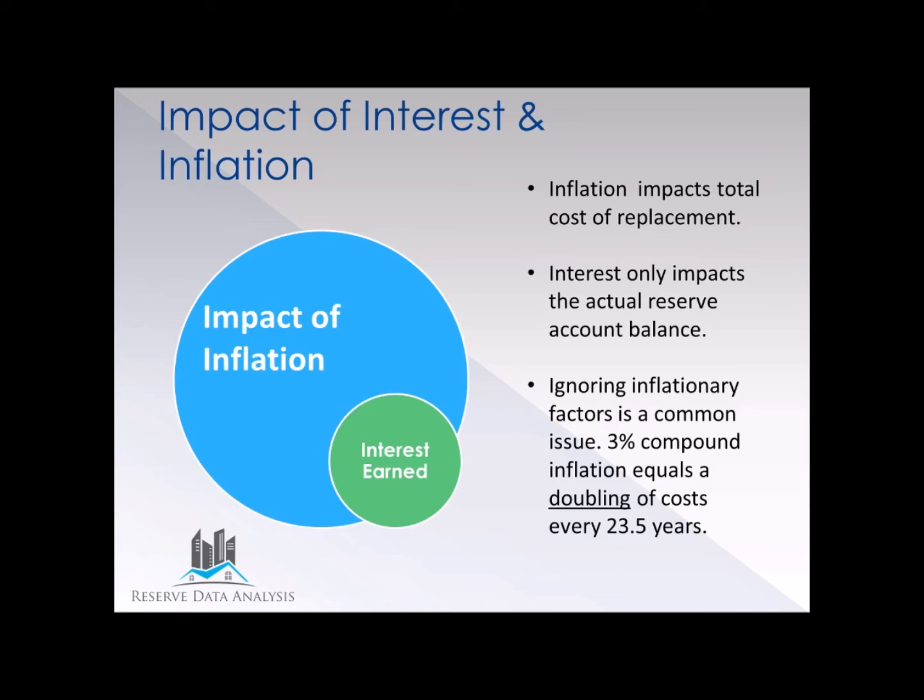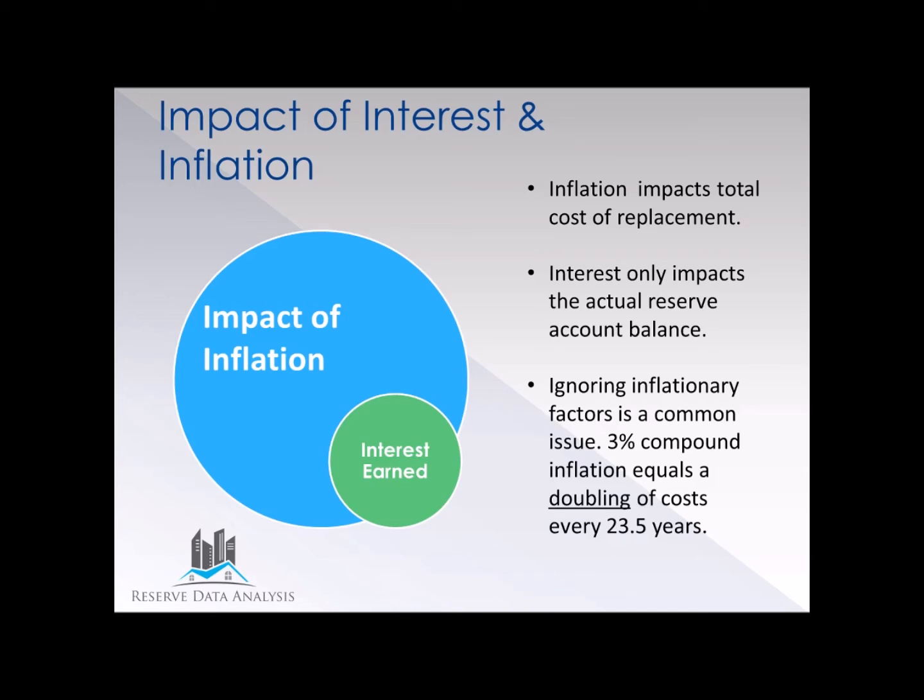Interest has a positive impact on the overall budgeting for a community. Right now it's very, very low, typically under 1%, unless you perhaps are in a CD or some other investment, and perhaps you might be getting 1% right now. Hopefully over time this goes back up and there's a little bit more of an impact.